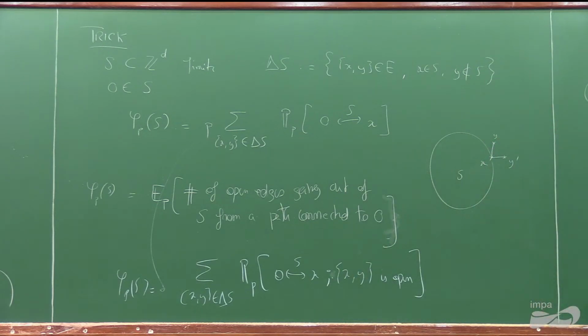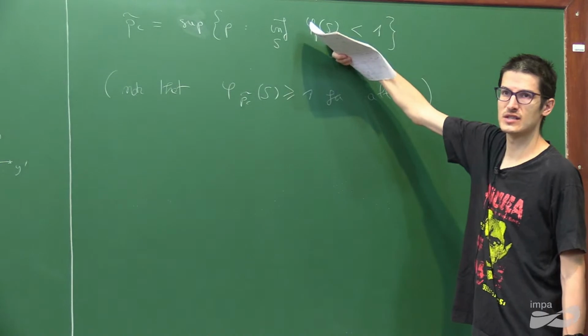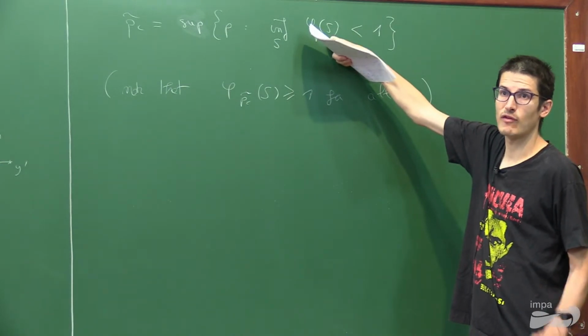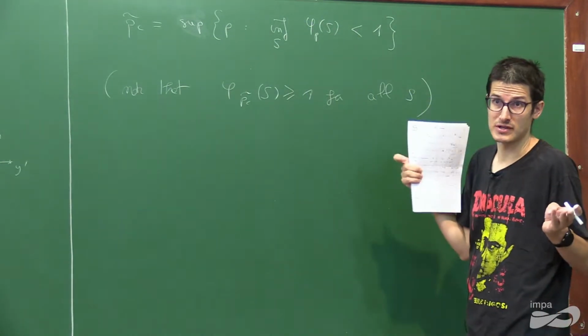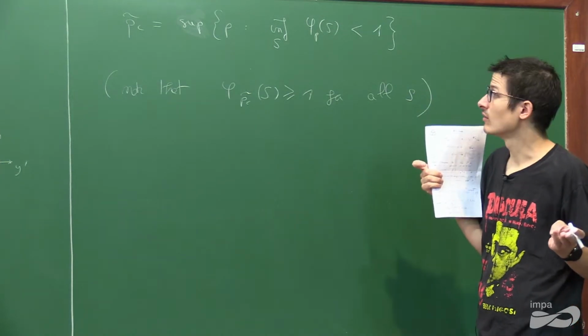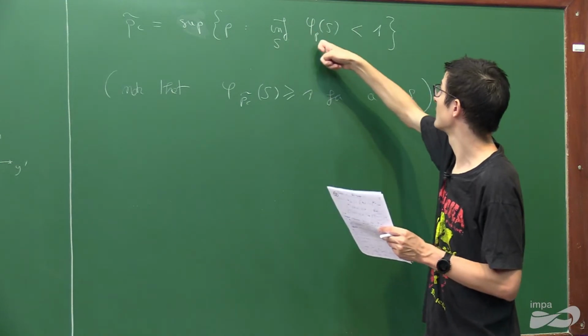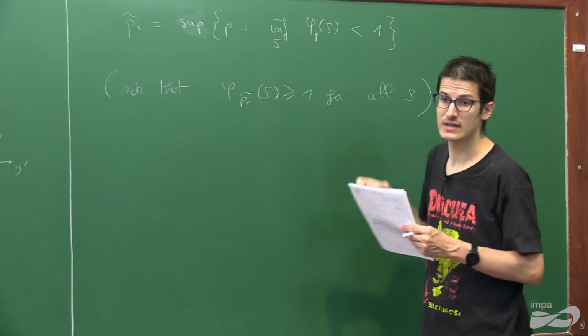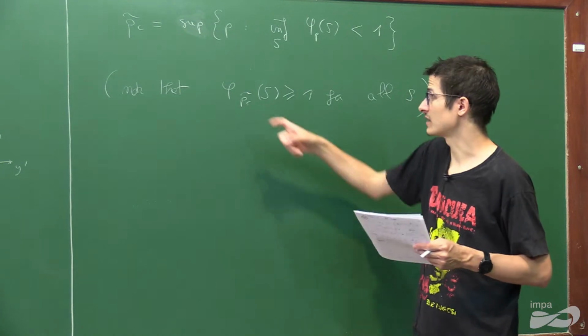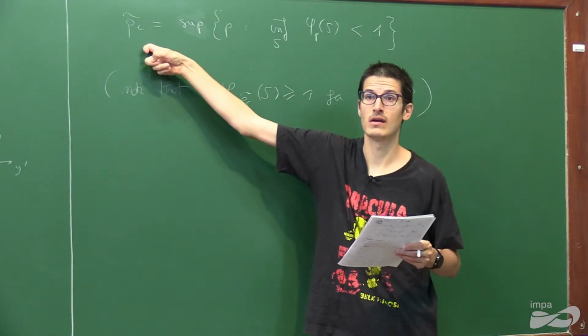So if for some value of p this thing is smaller than 1, then for values that are just a bit bigger, it's still smaller than 1. So the set of p such that the inf is smaller than 1 is an open set, so it cannot contain its boundary.